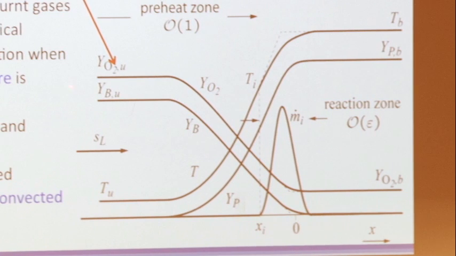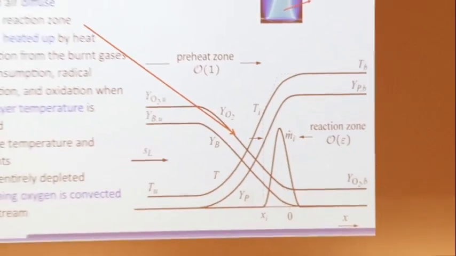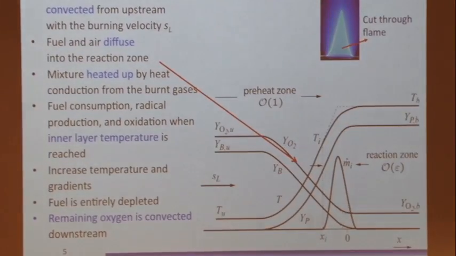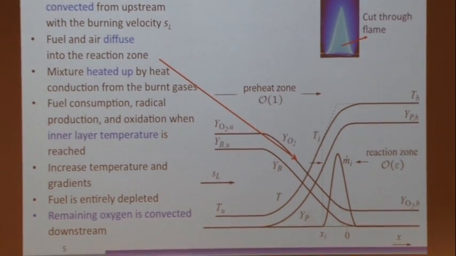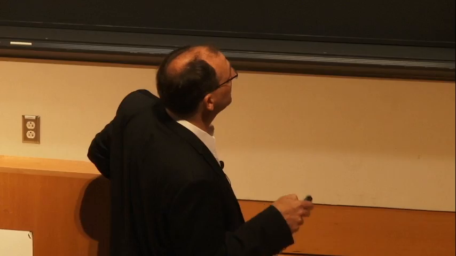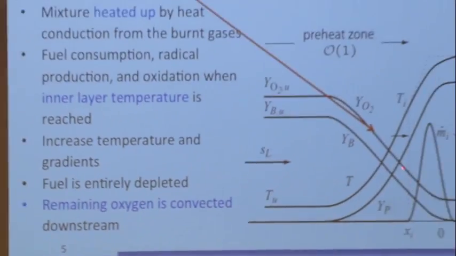So they approach this convectively, but then they diffuse into the front. And now this is a zoom into the core region of this flame. Really, these gradients are very, very large. And so these diffusive fluxes, the heat flux, heat transfer, and also the flux of fuel and oxidizer, they're very, very fast.